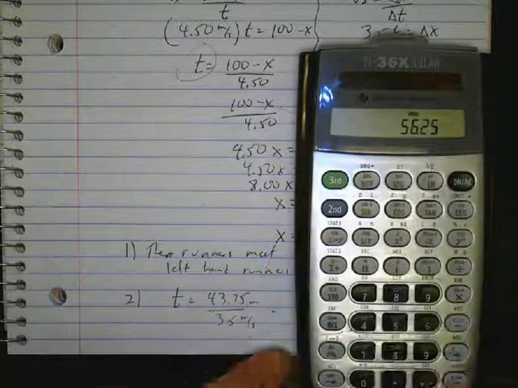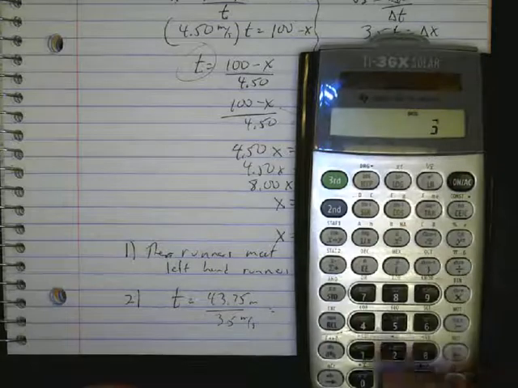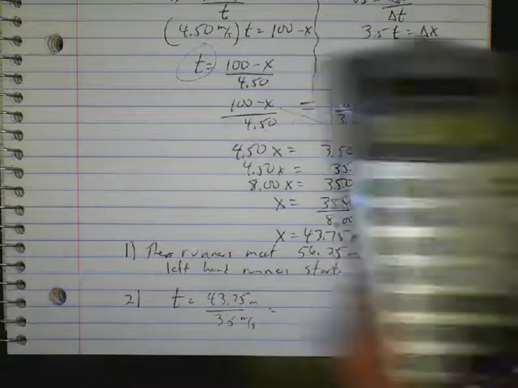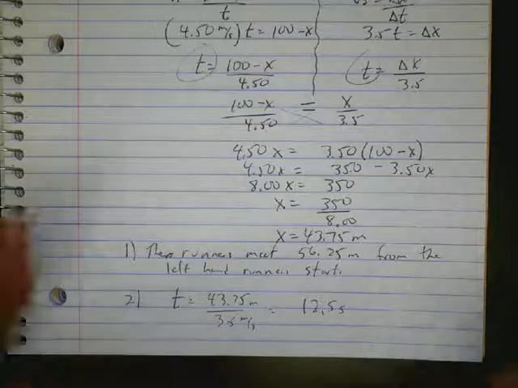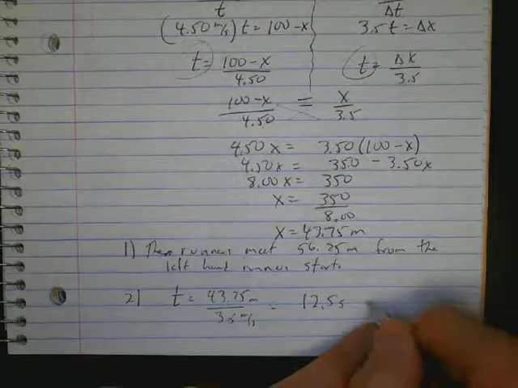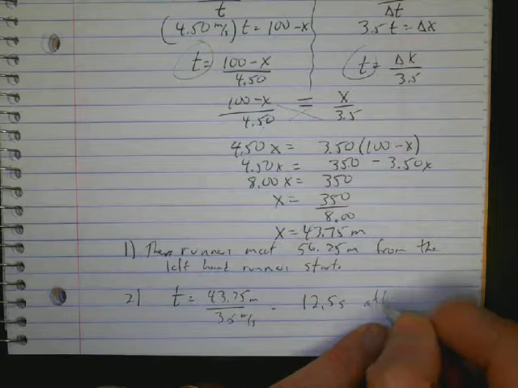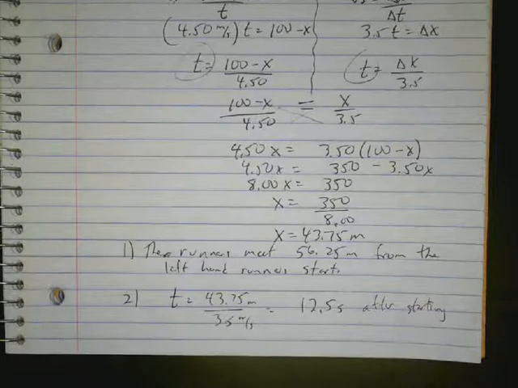That was meters, and that's meters per second. So the time, 43.75 divided by 3.5 equals 12.5 seconds. So 12.5 seconds after the two runners start is where they're going to meet.